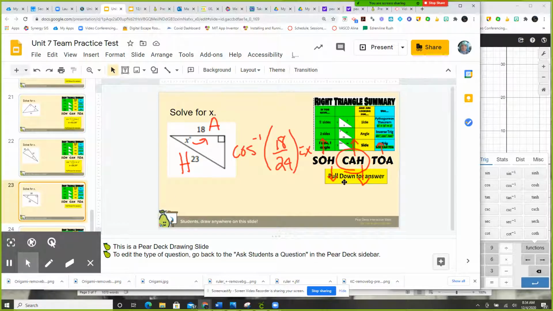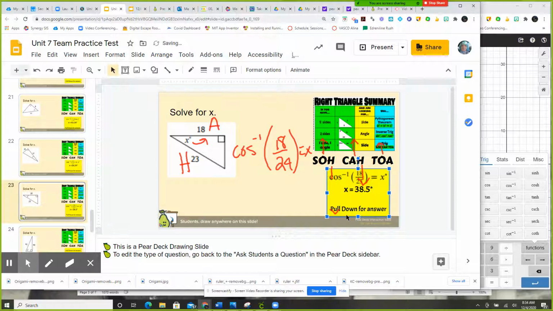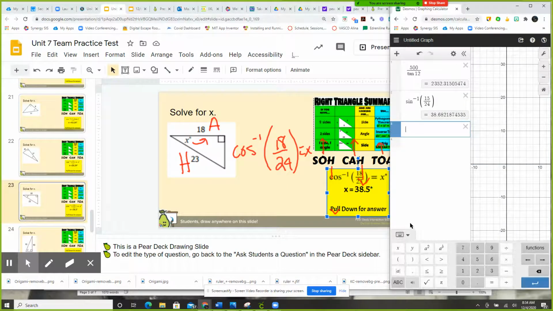Drum roll, please. Did we get 38.5? I can't make you share your screen, but hopefully everybody put that in. You can go here, inverse cosine, and then 18 divided by 24.